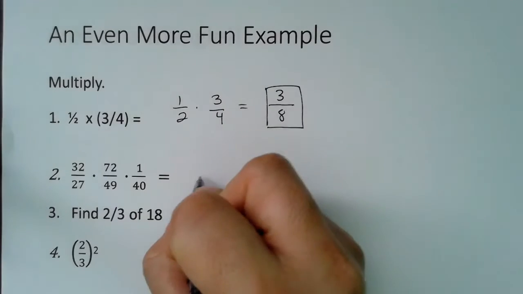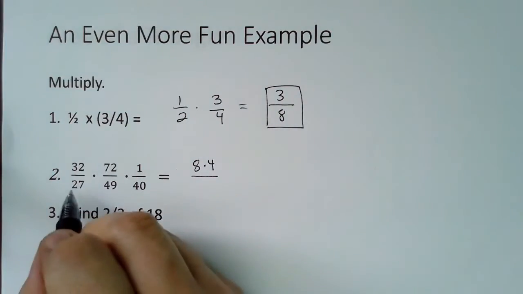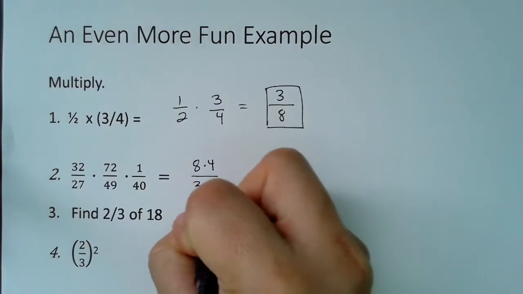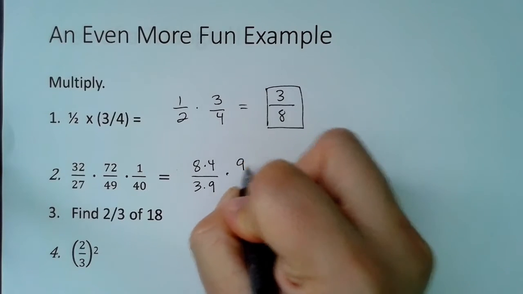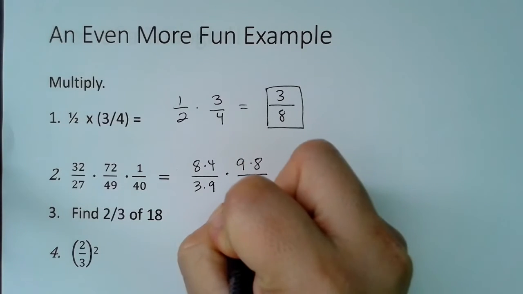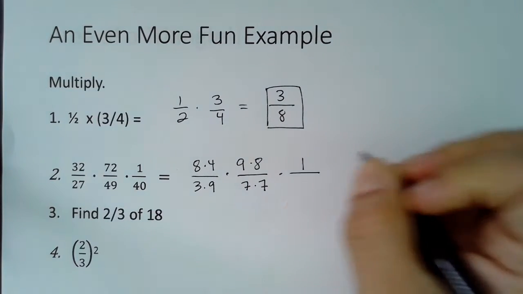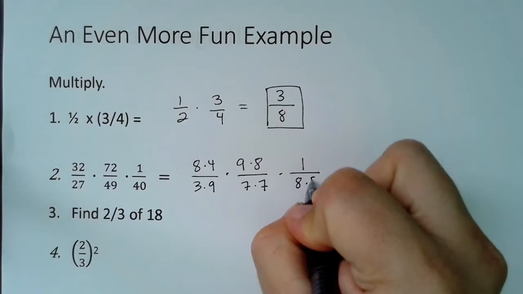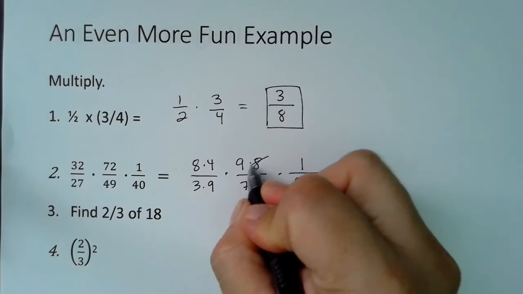So I would rewrite 32 as 8 times 4, and 27 as 3 times 9, then 72 is 9 times 8, 49 is 7 times 7, and 40 is 8 times 5. I'm not going all the way down to the primes. I'm just trying to see if I can cancel some things out so that I can make life a little bit easier for myself. So look, see this way they cancel.